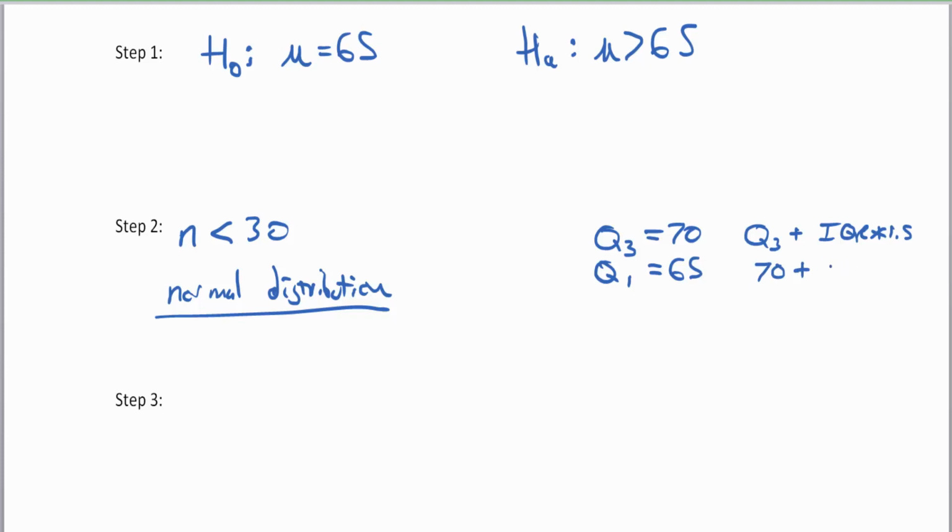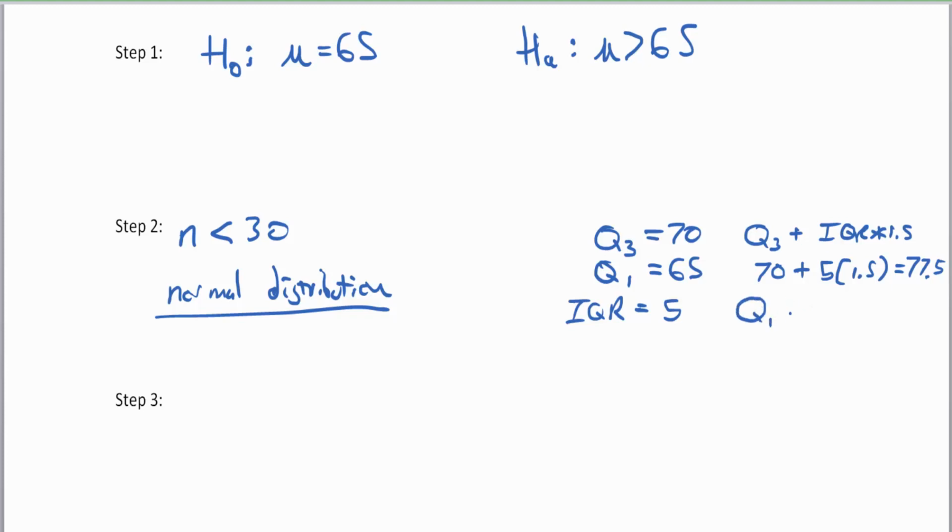So 70 plus the IQR here, and the IQR is the distance between these two. So 70 minus 65 is 5. So 70 plus 5 times 1.5 is going to give me an answer of 77.5. And we don't have any test scores above 77.5, so we've checked there.